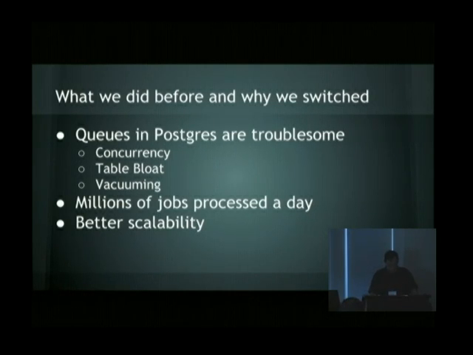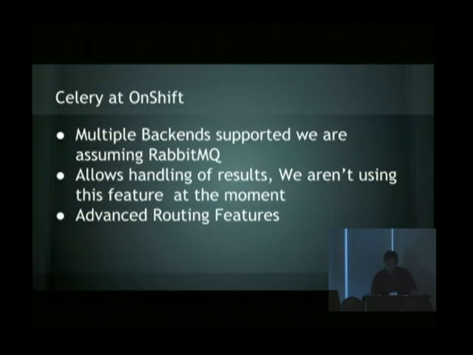So it just ends up that for small things, a queue in Postgres works okay. But when you start doing big things, Postgres is not a queuing mechanism, and it doesn't work well for that. So we were looking for a better alternative, and we decided to choose Celery and RabbitMQ.